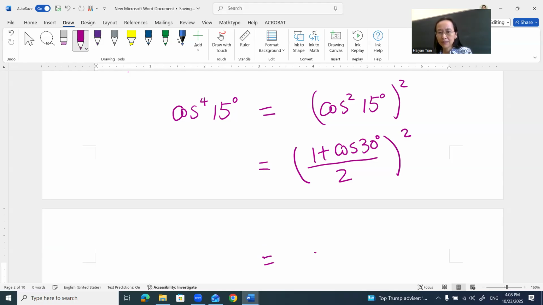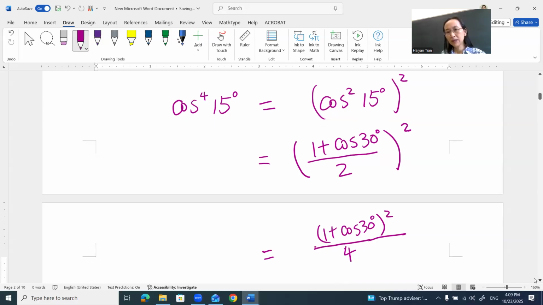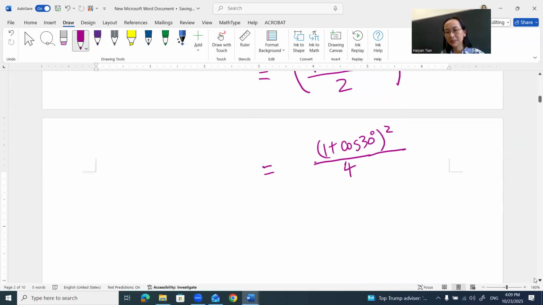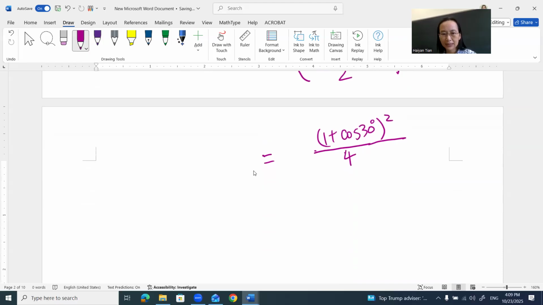So we can square the numerator, which is 1 plus cosine 30 squared, and the denominator, which is 2 squared. I just square both. Square the numerator and square the denominator. For a fraction, if you raise the fraction to a second power, this is what we get.